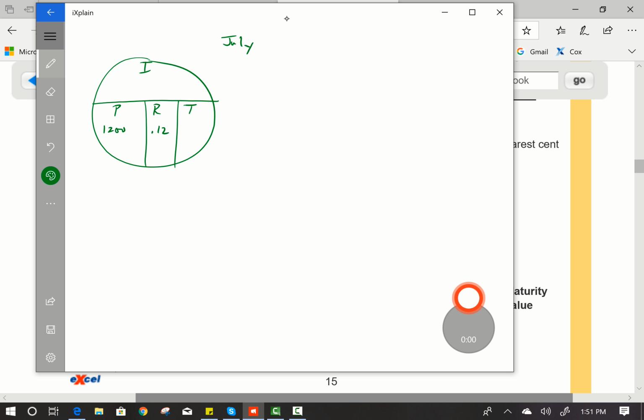Date borrowed is July the 7th, and it is repaid on January the 10th.